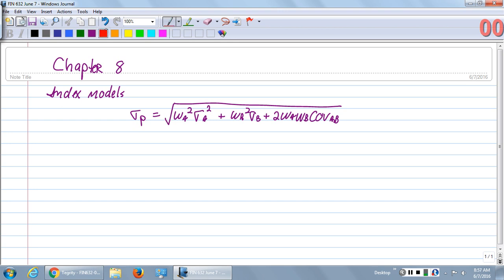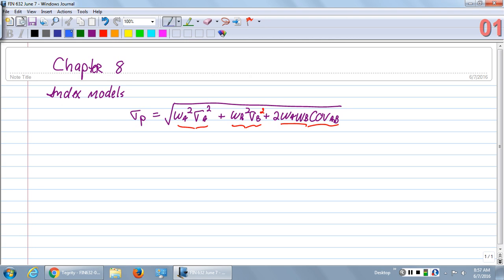This is asset A's contribution to the risk of the portfolio. This is asset B's, I left off a squared exponent there. This is asset B's unique contribution to the risk of the portfolio. And this then is the interactive risk, because we take into account how each asset is varying relative to each other, their covariance.